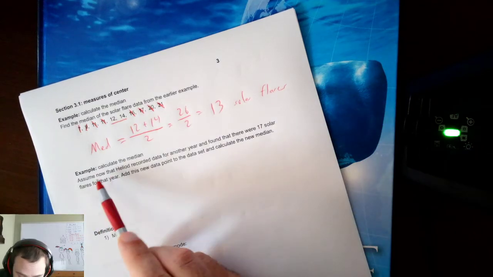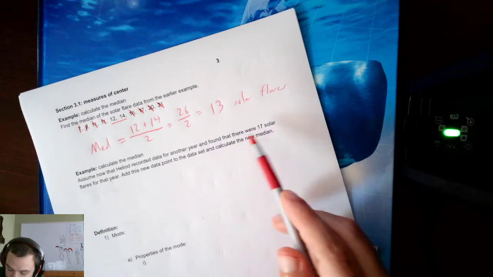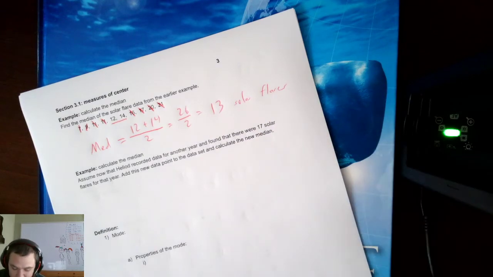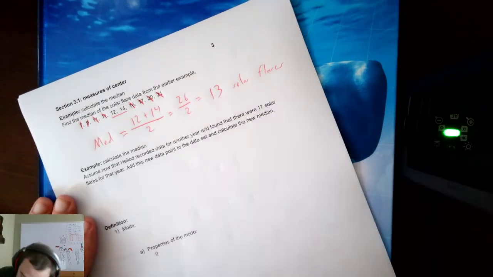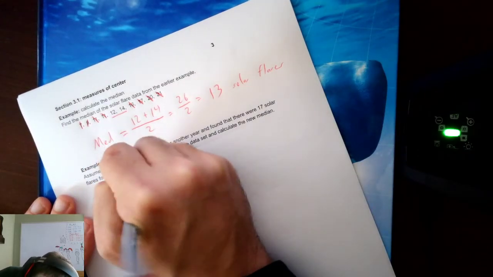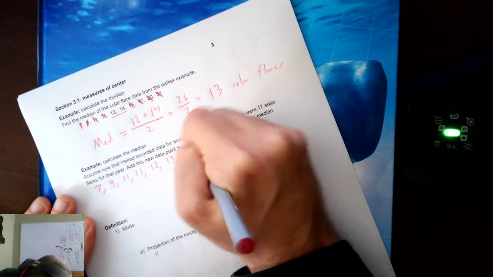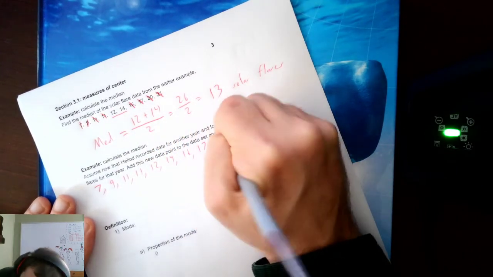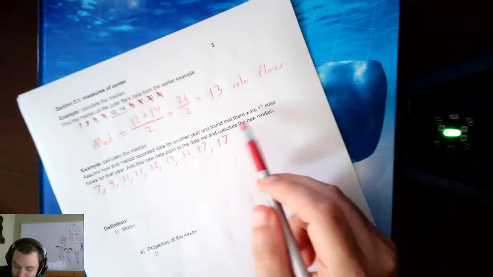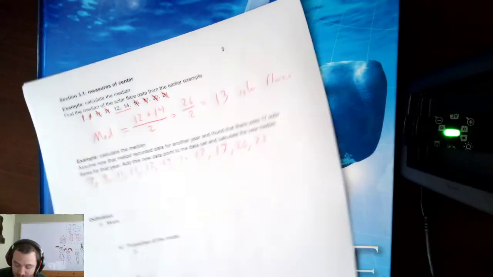Now let's look at the next example. Assume now that Heliod recorded data for another year and found that there were 17 solar flares for that year. So I have a new data set. I have all of the original data, 12, 14, 16, 17, but I'm going to put an extra 17 in because the question tells me to do that. 20, 21. And now I'll do the same thing.